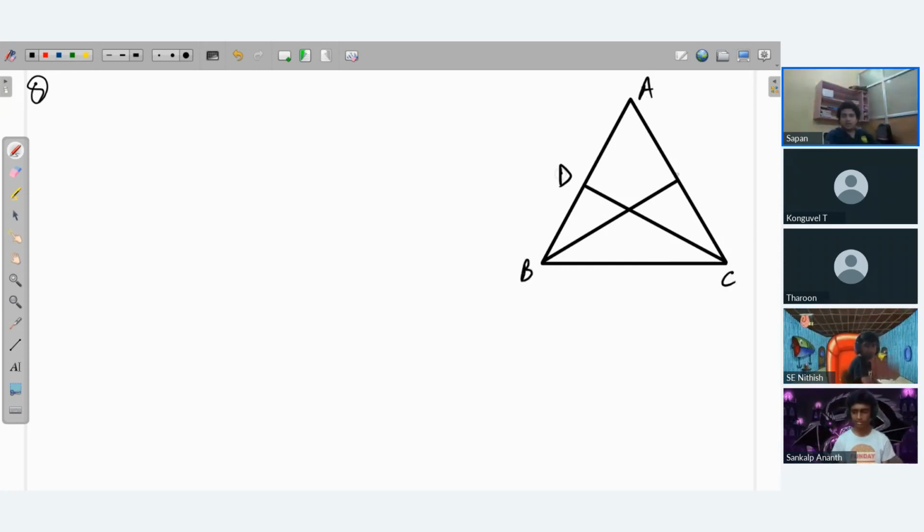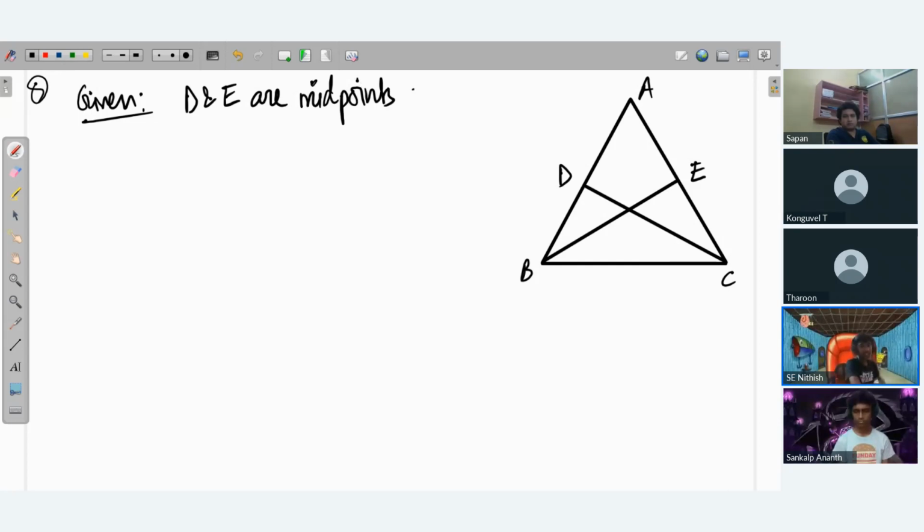Triangle ABC. Given: D and E are midpoints of AB and AC. So AD and DB are the same, and AE and EC are the same.